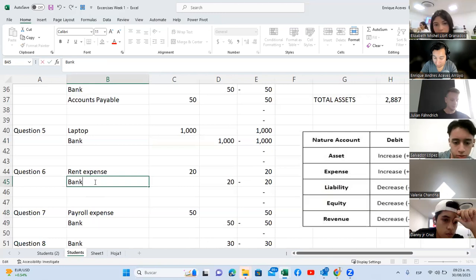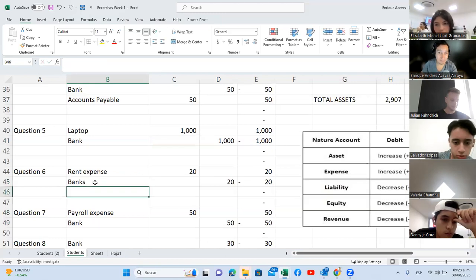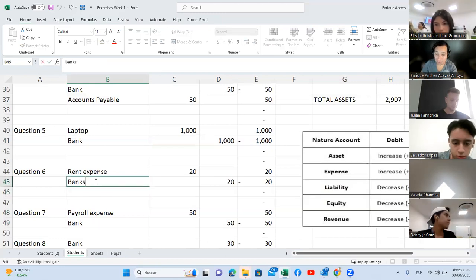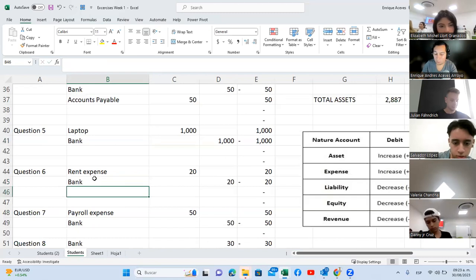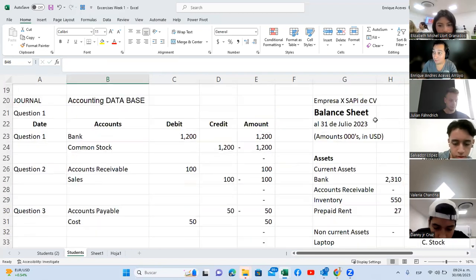If it has an S, banks, it's not the same name. It won't add up. If you checked out everything and everything says bank, the only thing that you can do is to do it manually.